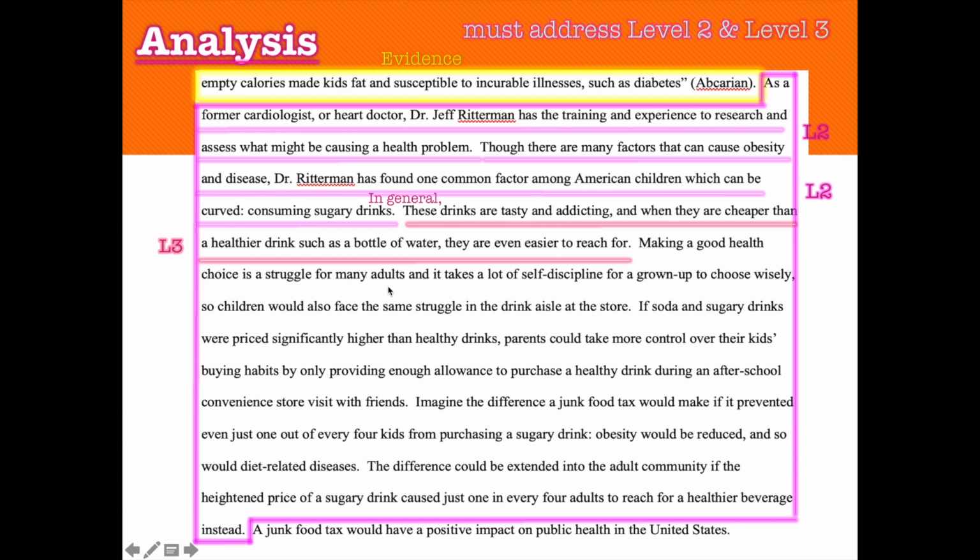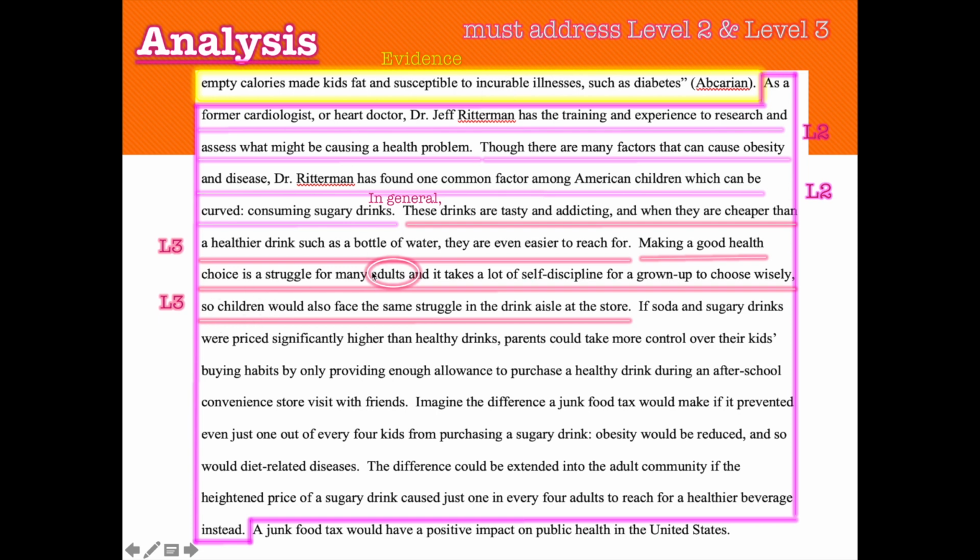Oh boy, yeah. And it takes a lot of self-discipline for a grown-up to choose wisely. So children would also face the same struggle in the drink aisle at the store. This is a level 3. I'm extending it out to adults at first. The second part might be kind of level 2-ish because I'm going back and talking about children, and the quote is about children.